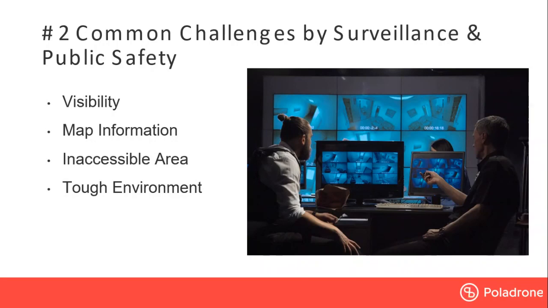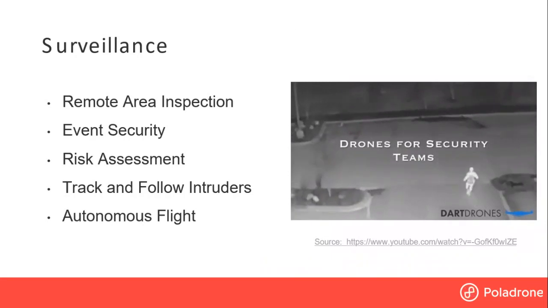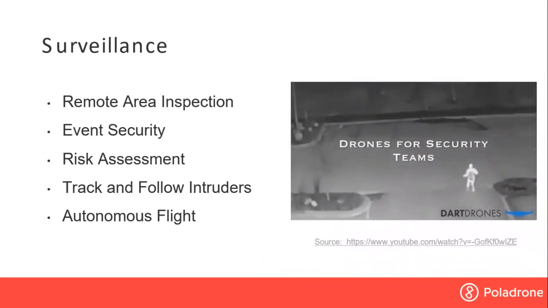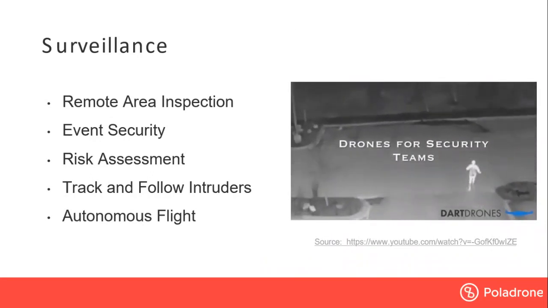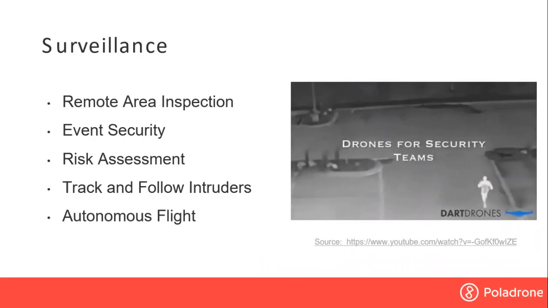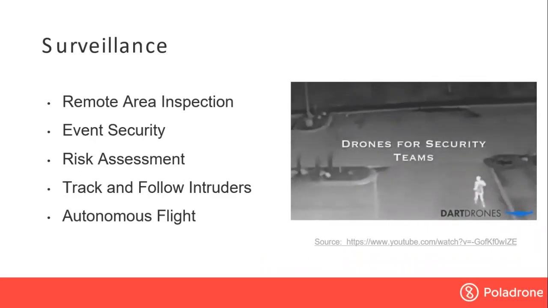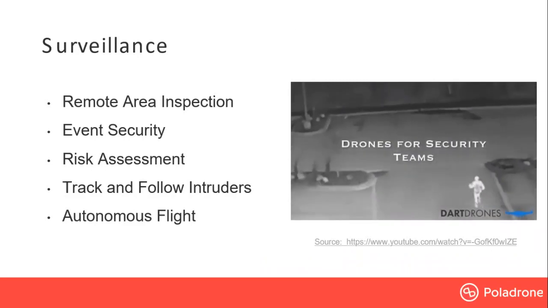So after talking about the challenges, we're going to talk about how drone thermal imaging can be used in surveillance. Basically, they can use it to do remote area inspections with the drone. They don't need a team physically present in the place they want to survey.